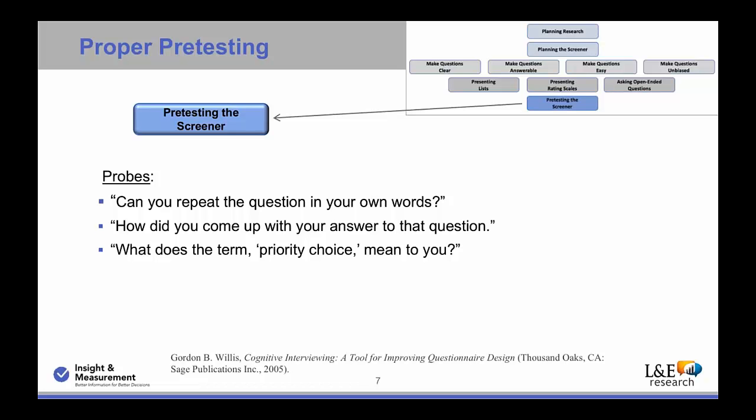When I talk about pre-testing, sometimes people will say, well, Dave, in the real world, we don't have time to do this. I've worked my entire life in the real world, and believe me, I understand that. And so a lot of what can help a lot with screeners is doing a little in-office pre-testing.